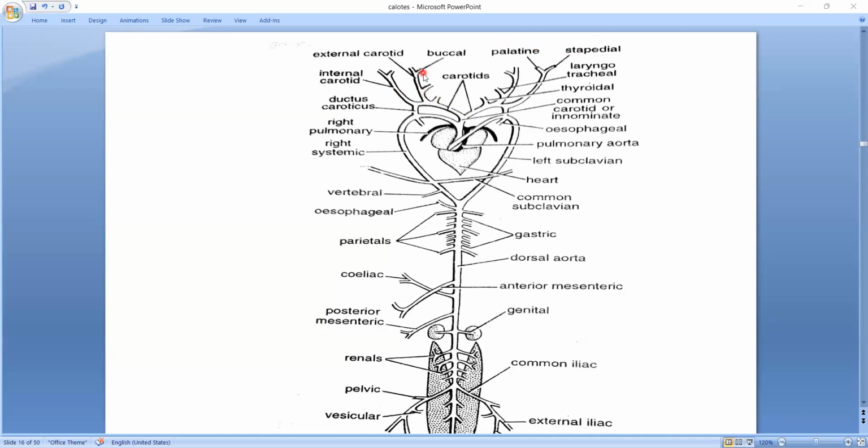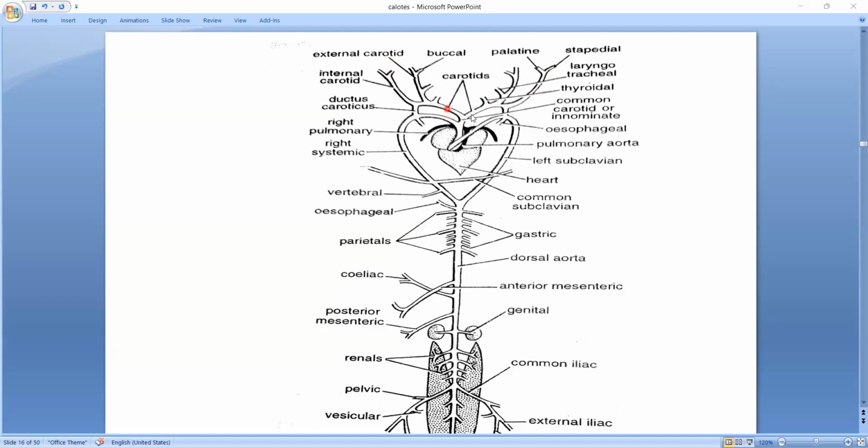And the external carotid gives three branches. One is thyroidal, laryngotracheal, and buccal. Buccal is to the buccal cavity, laryngotracheal to the larynx and trachea, and thyroidal to the thyroid gland. And the remaining part of the external carotid continues to the brain.